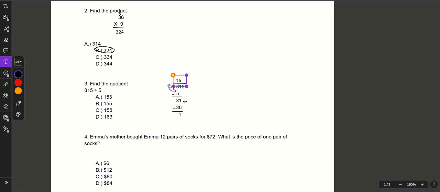And then the last number, 5, is going to go down. If you want to divide 15 by 5, that'll be 3. So 3 here, and then subtract that by 15, and then we get 0. So we don't have a remainder, and our answer will be right here, 163, which will be D.